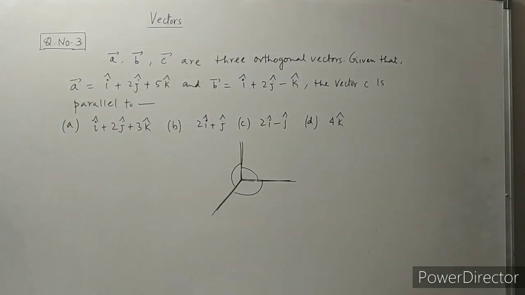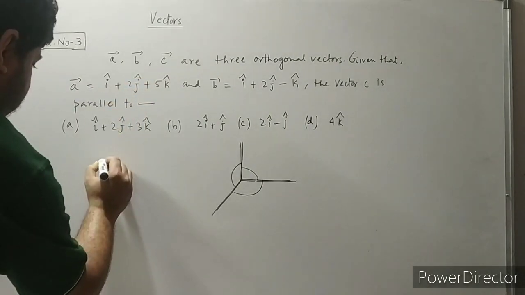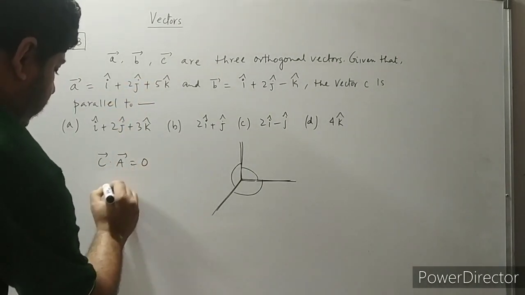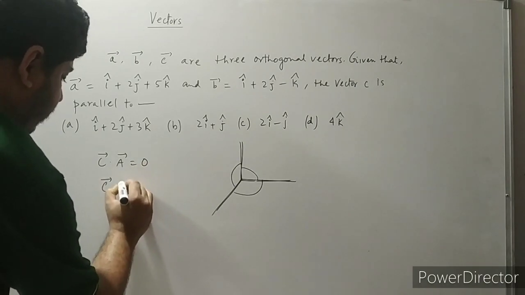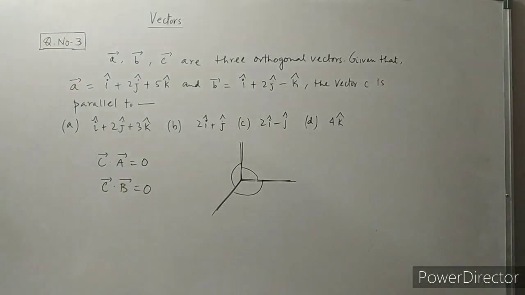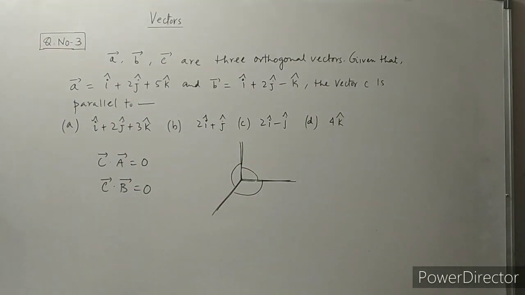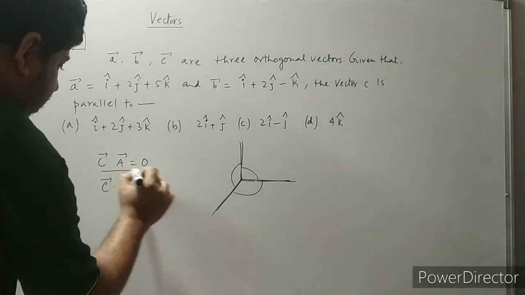So C dot A must be 0, and C dot B must be 0. So if A, B, C are orthogonal vectors, you have to calculate the value of C. First of all, we check whether C dot A is 0.